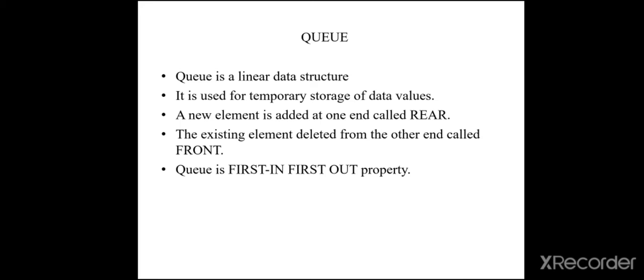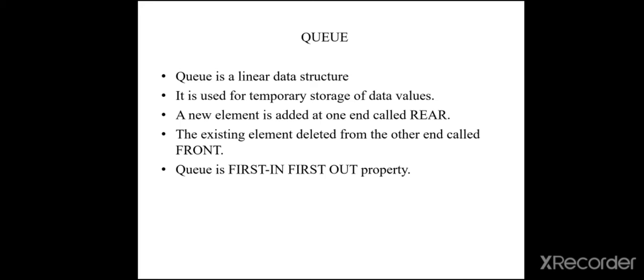The insertion operation is performed at a position known as rear, and the deletion operation is performed at a position known as front. Insertion of an element is also known as rear, and deletion of an element is called front.